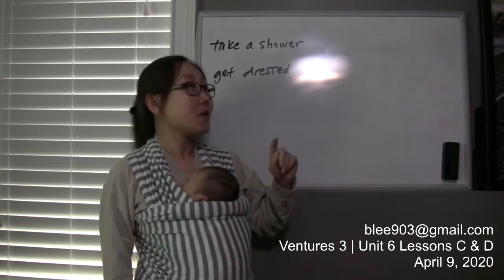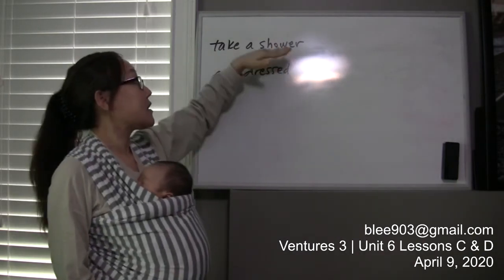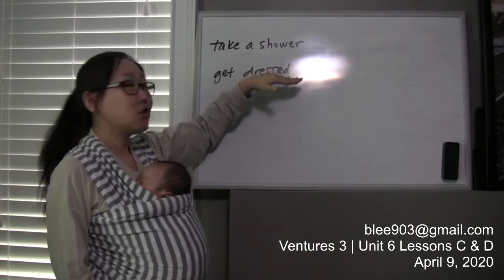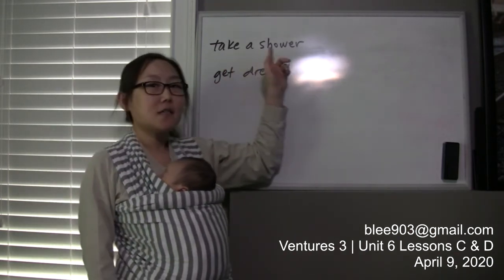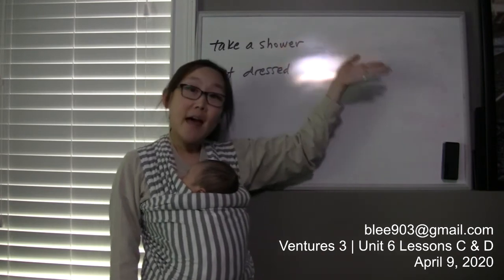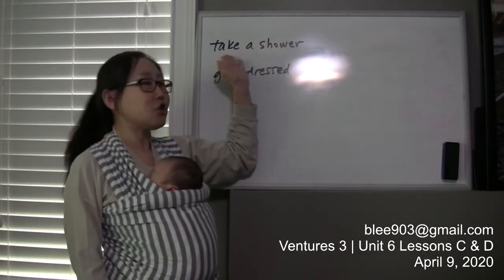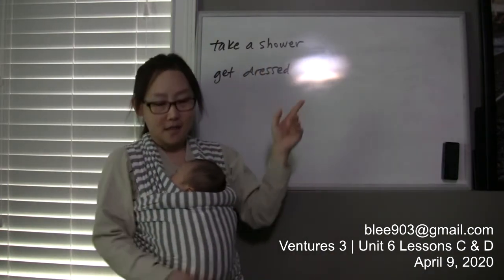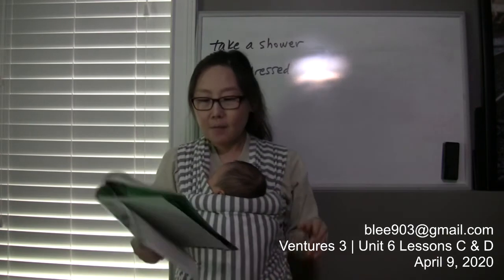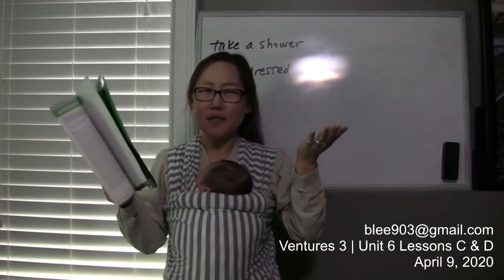So for example, we might say, after Bonnie takes a shower, so this is the first activity, she gets dressed. But you can also say, Bonnie takes a shower. After that, she gets dressed. Then it's a little bit easier because you know that she takes a shower first and then after that, she gets dressed. So you can think about number 1 in those 2 sentences.